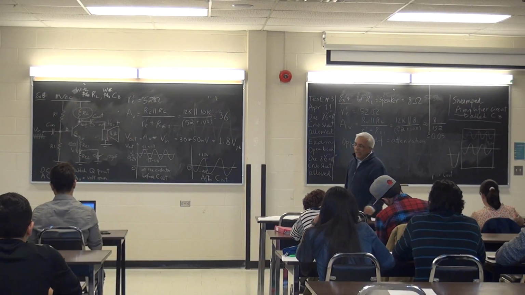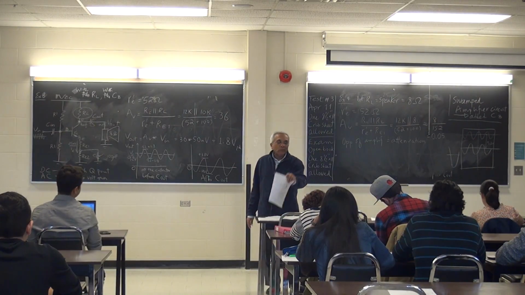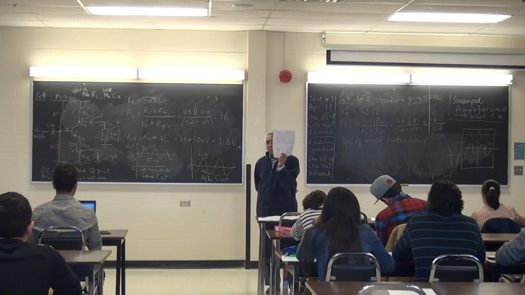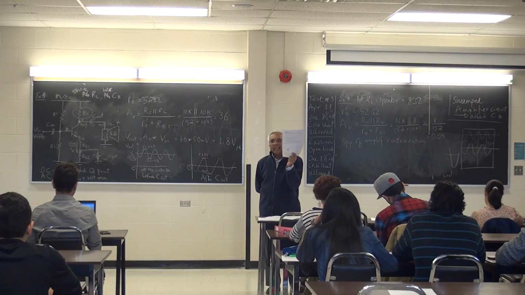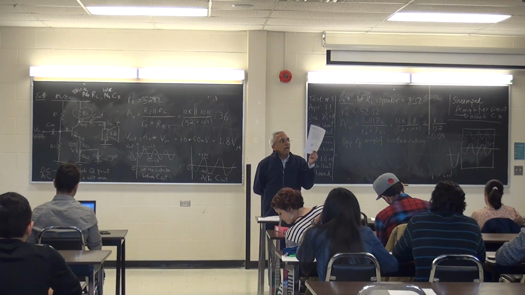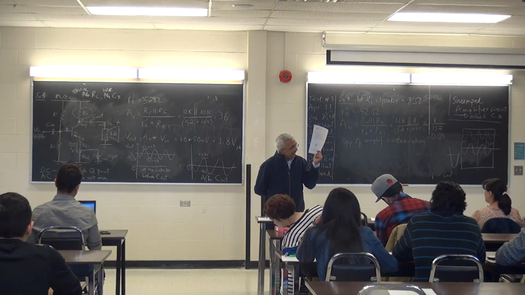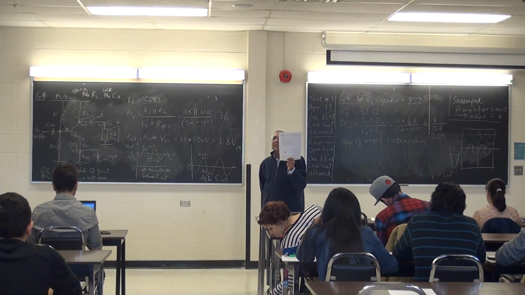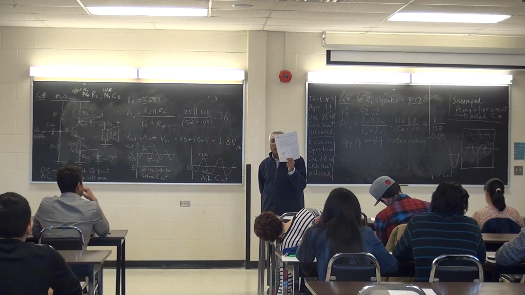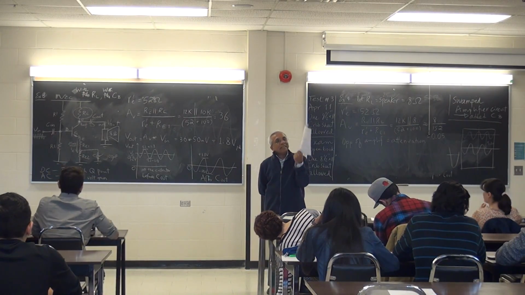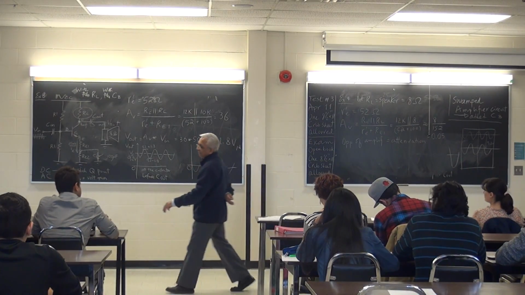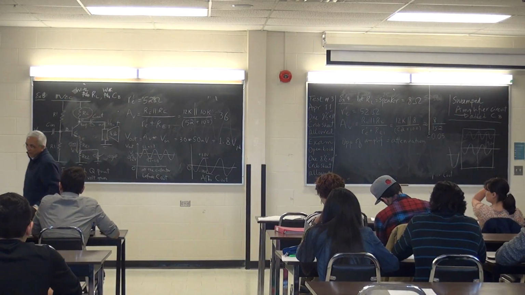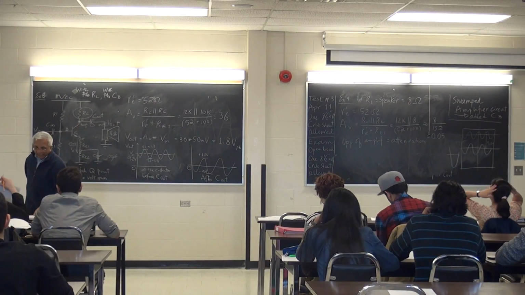So that's why I'm going to take that common emitter amplifier circuit and connect a common collector amplifier circuit, which is what we're going to do in our next class, okay, which is this guy here, Notes 14. If you didn't pick up a copy of Notes 14, get it?